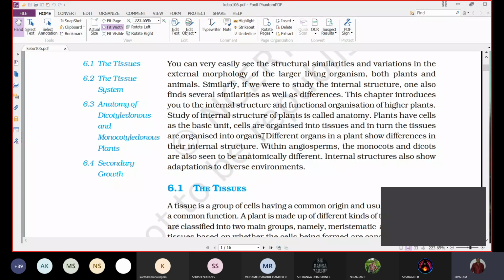Different plants show different tissues and arrangements according to the environment, that is, in temperate regions, tropical regions, subtropical regions, and aquatic plants show a different tissue arrangement. That is what we'll discuss here. First of all, tissues. What is a tissue?